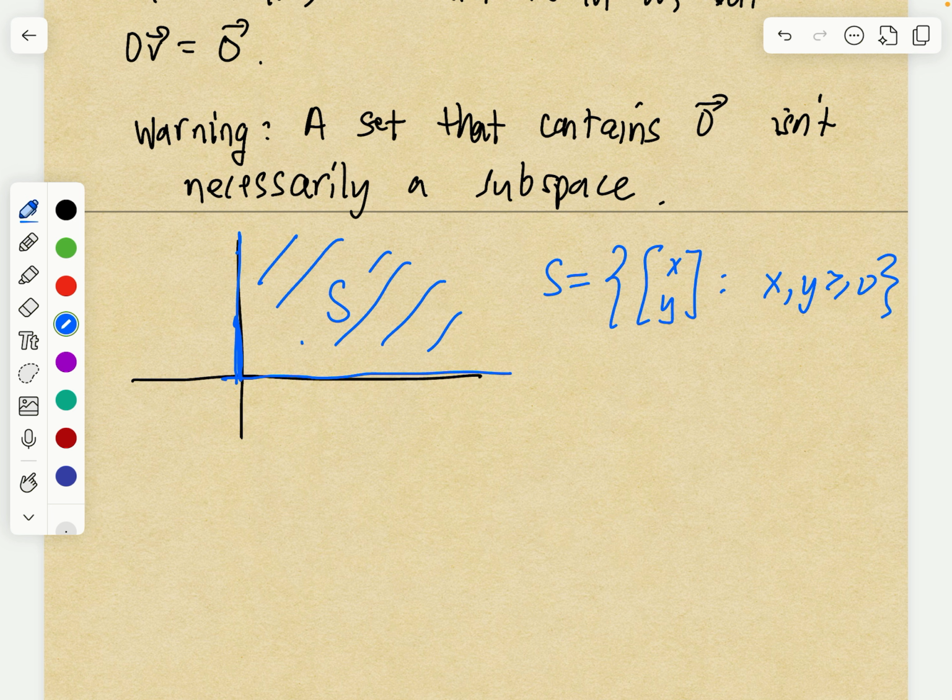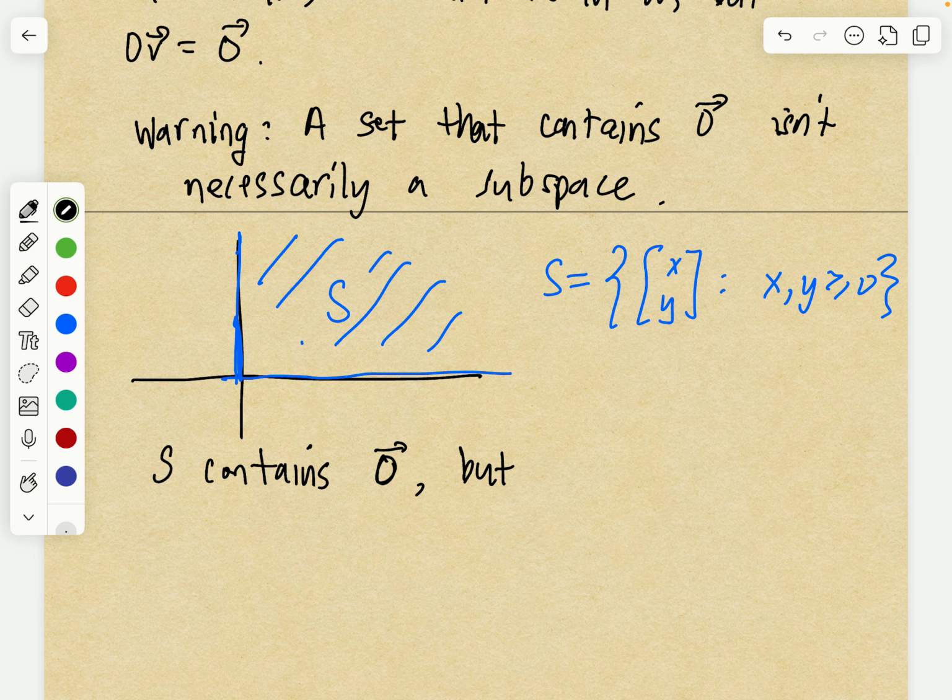This contains 0, 0 because 0 is greater than or equal to 0. So S contains the origin.